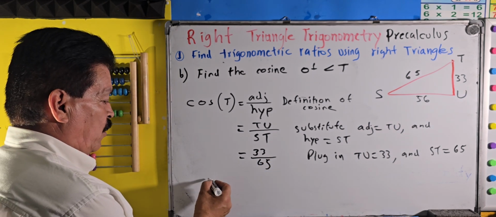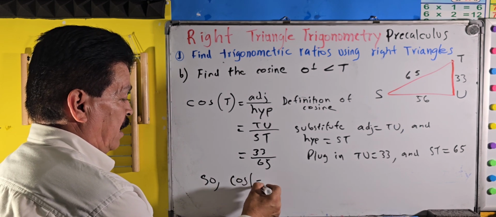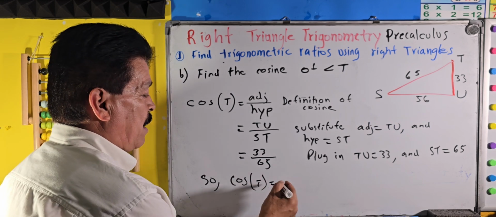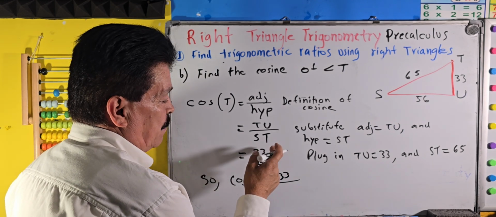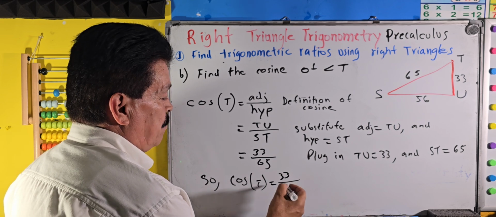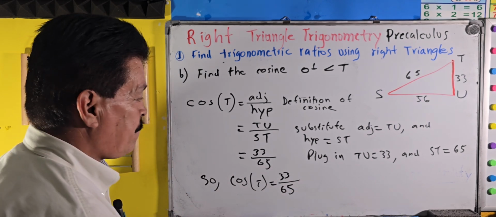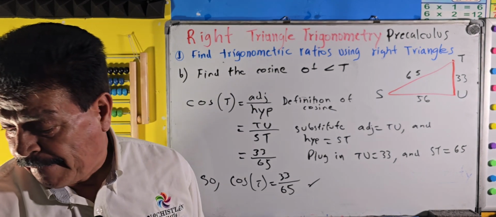Now our conclusion here: cos of angle T is equal to 33 over 65. Those are not both prime numbers, but we cannot simplify this fraction. Right? This is our answer to this problem. Okay?